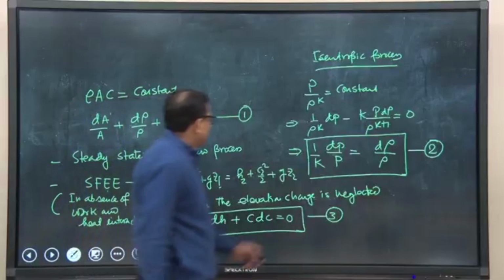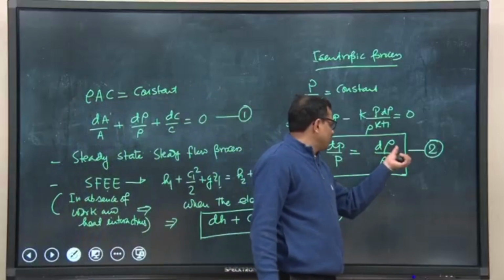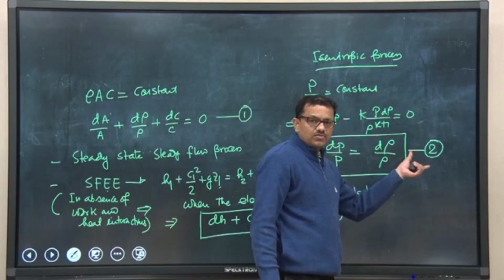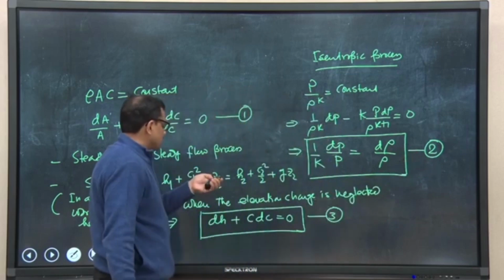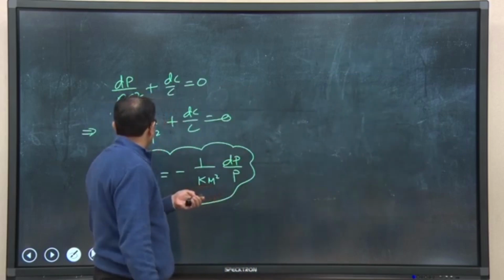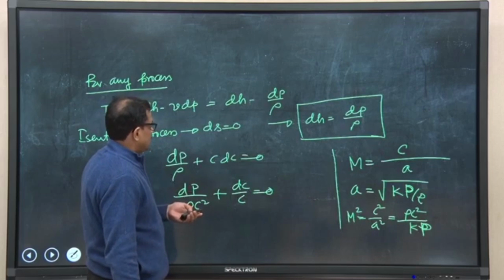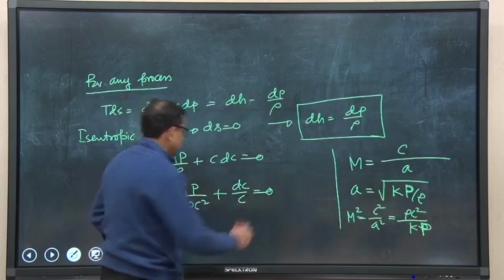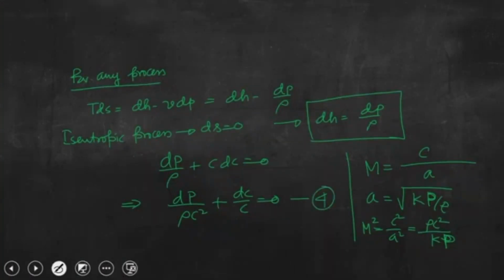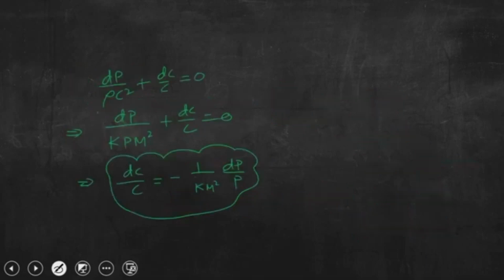So, what can we do? We can plug in the value of d rho by rho from equation 2 into equation 1. We also can plug in the value of dC by c. So, this is 3, this is 4 and this is 5.